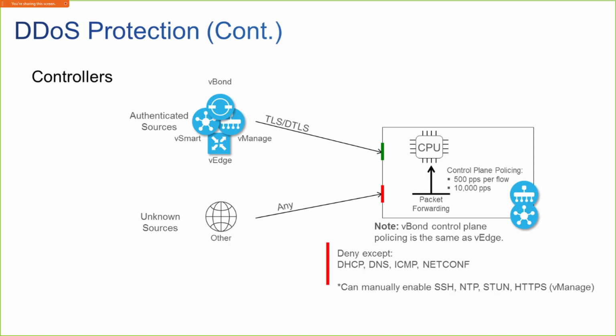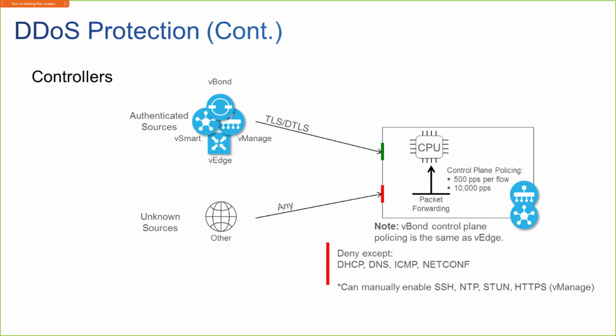Then we have our service policy, which is applied to the control plane interface and allows us to do that rate limiting. So we do control plane policing on the orchestrator, on the vEdge devices, and so on.